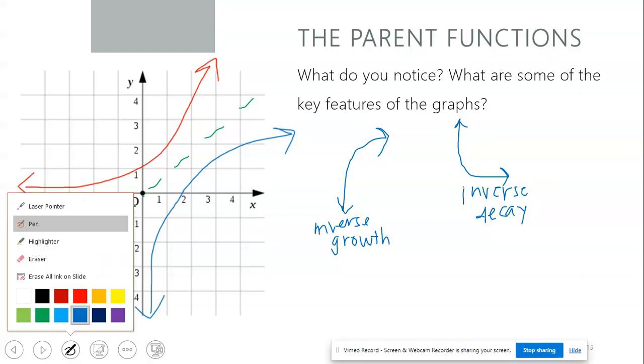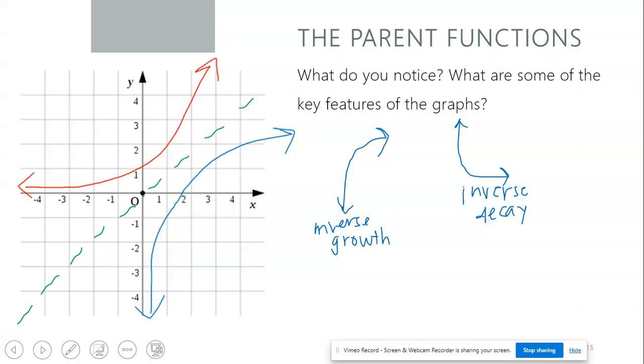All right. And something we want to talk about still is our general equation for a logarithm. It is still y equals a, where a is vertical stretch, compression, or reflection across the x-axis.